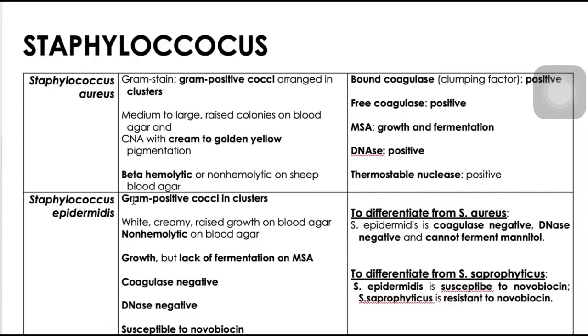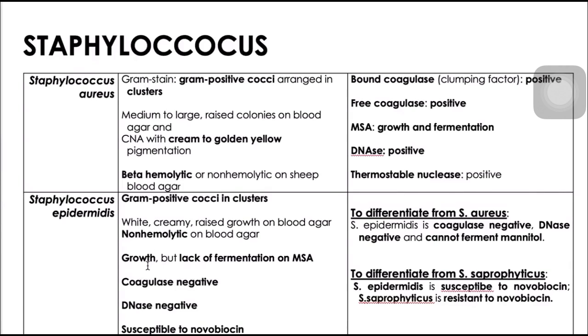Next, we have your Staphylococcus epidermidis. Just like your other staphylococcal organism, they are gram-positive cocci in clusters. Ganun din po ang Staphylococcus saprophyticus. Okay? They are more of a non-hemolytic, and they are less pigmented, kasi Staphylococcus aureus is golden yellow, while for epidermidis, white, creamy, like also your Staphylococcus saprophyticus.